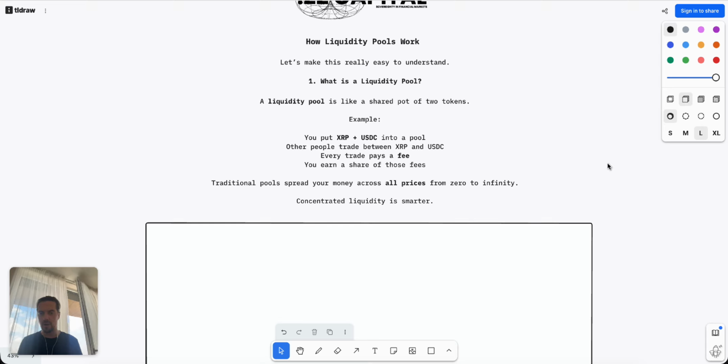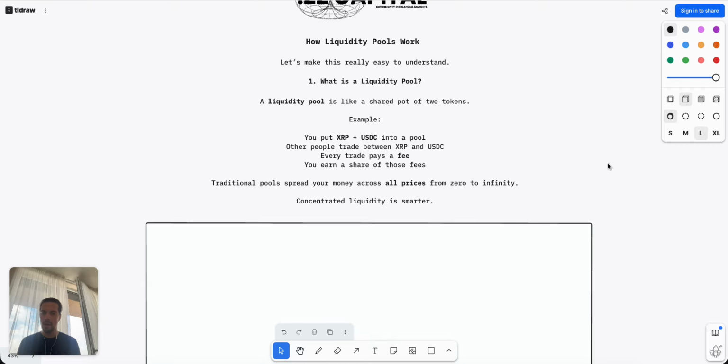Other people, like your neighbors, friends, family, strangers, can come and trade between XRP and USDC. Some people may buy XRP, some people may sell.